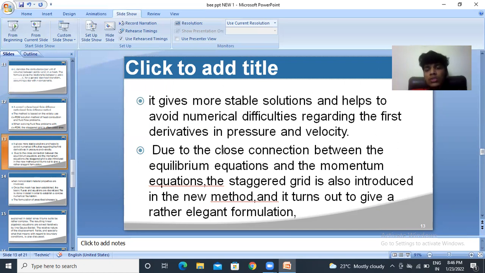Due to the close connection between the equilibrium equations and the momentum equations, the staggered grid is also introduced in the new method, and it turns out to give a rather elegant formulation.